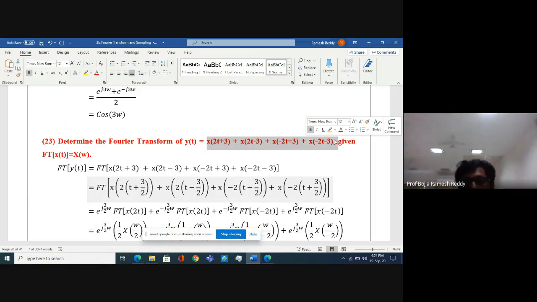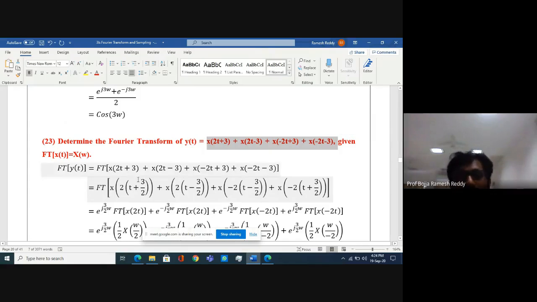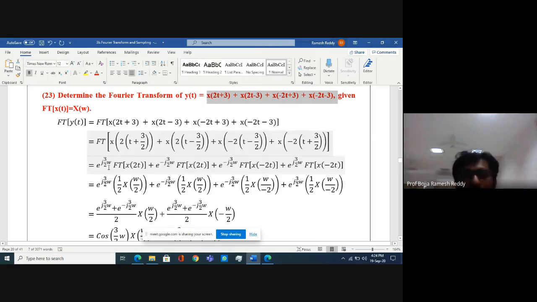Just repeat the procedure you have done previously. Take 2 common, and minus outside. Why have we taken minus outside? Because of the reversal, time reversal. Now apply the properties. 1 by 2, because of time scaling. Next, e power j something, because of shifting.